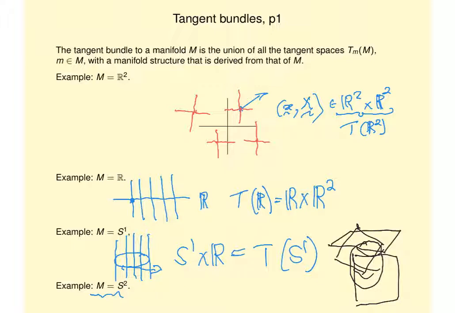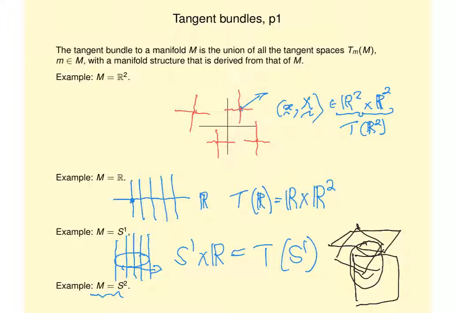So TS2 is four-dimensional, and that's already a problem, but you've got the additional problem that you have to somehow mentally separate these various tangent planes from each other, and that's not a particularly easy thing to do.